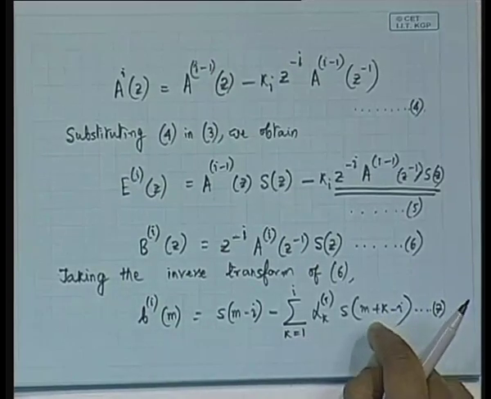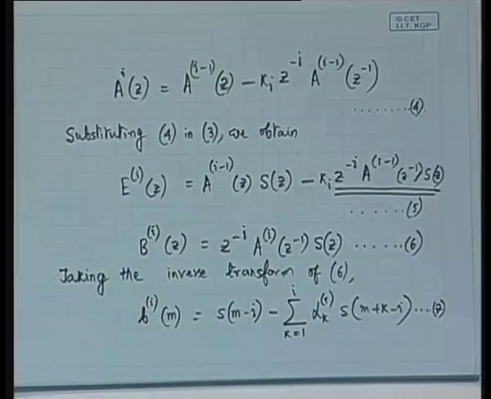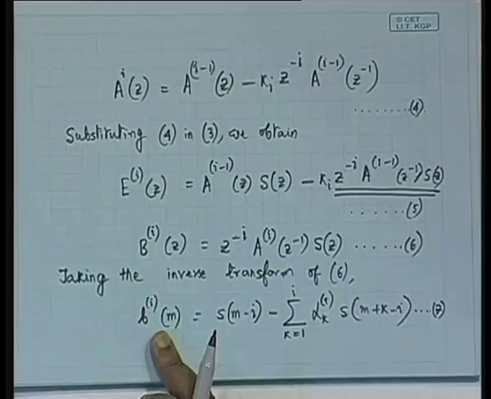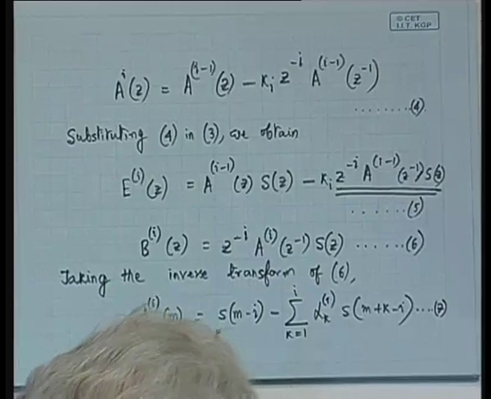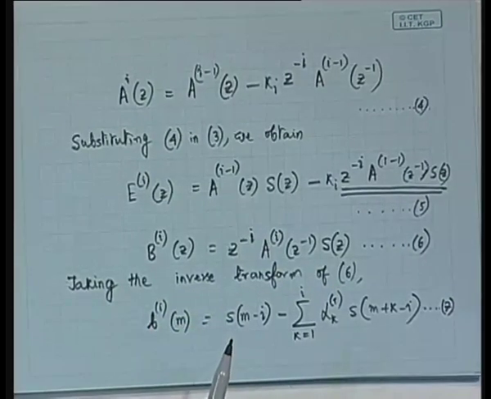So we are going ahead in time: based on the future samples we predict the present sample. This is a backward prediction error, which we denote by b. So e we reserve for forward prediction and b for backward prediction.